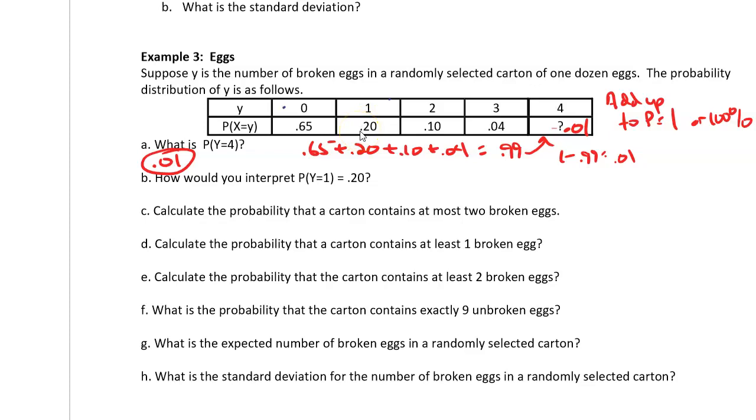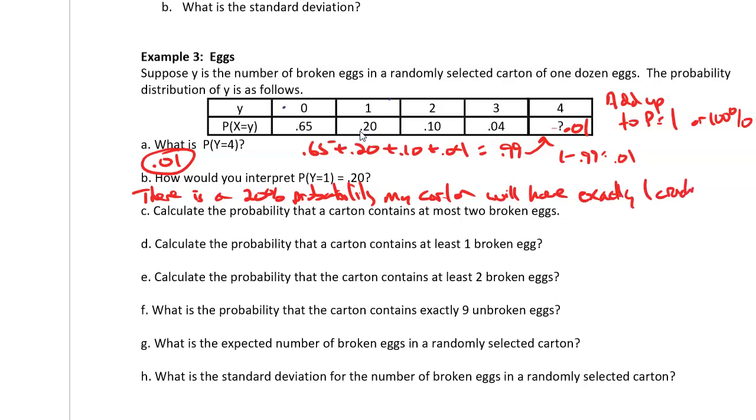So that means there is a 20% probability my carton will have exactly one cracked egg. So that's what the interpretation would be there, that there's a 20% probability my carton will have exactly 1 cracked egg.